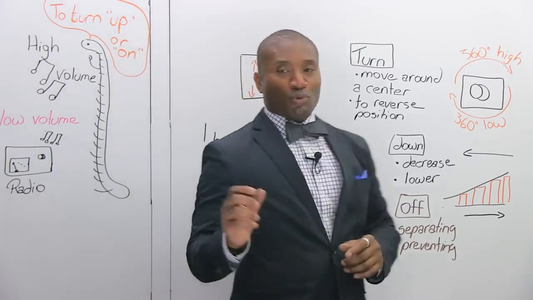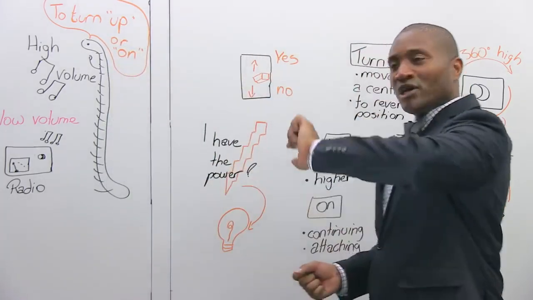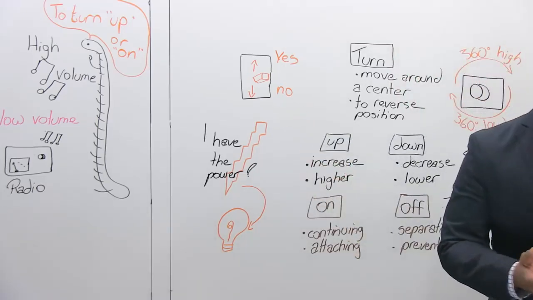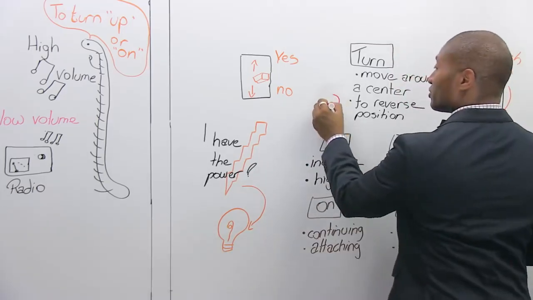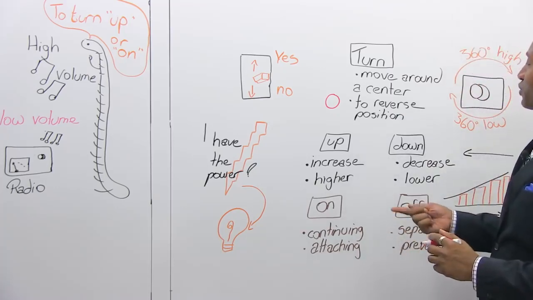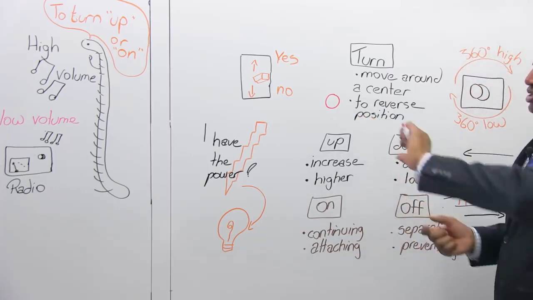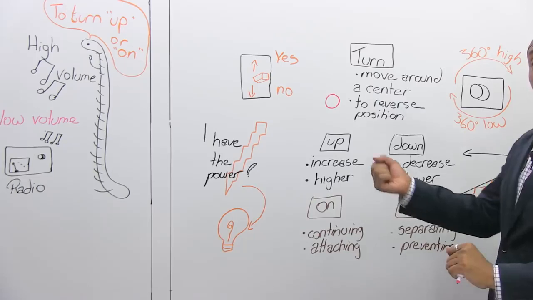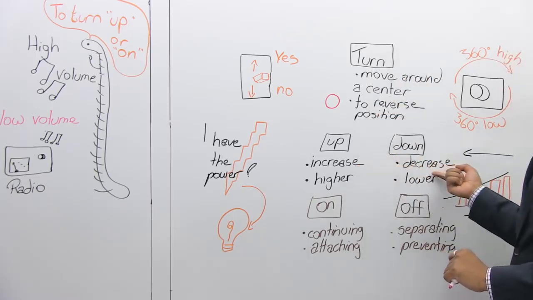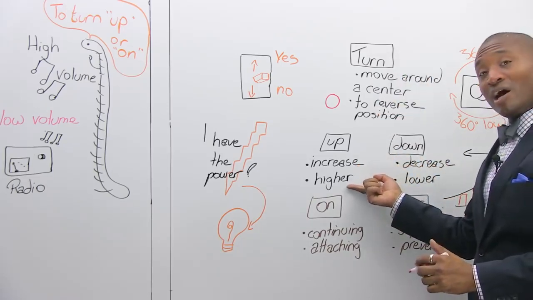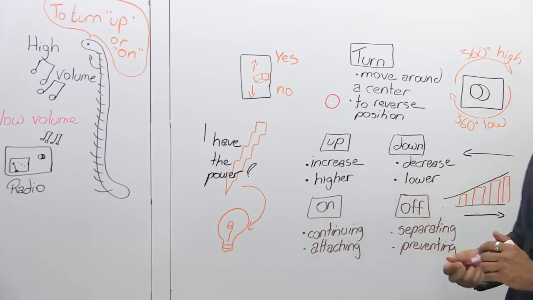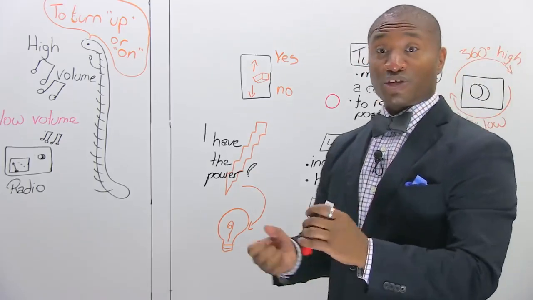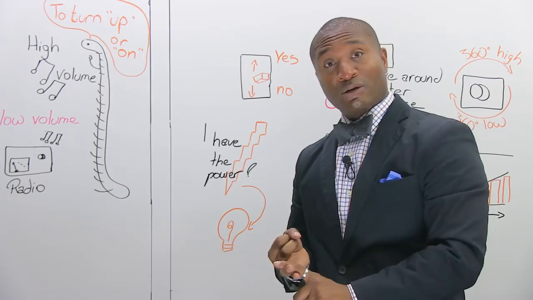Now, when you have a lot of movement, or 360, which is basically a circle, this is why we talk about turning up and down. Because as you turn it, you can increase the power or decrease the power, or make the sound higher or make the sound lower. In fact, in the old days, they used to do this for television, radios, and lights.